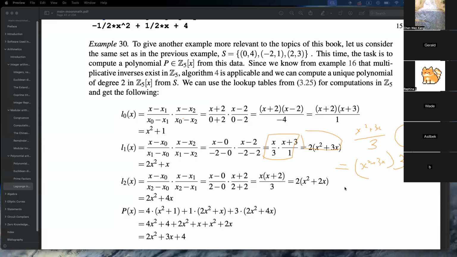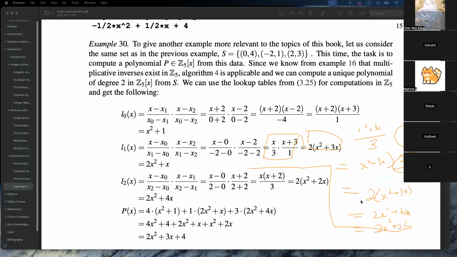The inverse of 3 in modular 5 arithmetic is 2. So it's 2x squared plus 3x, which if you expand it out is 2x squared plus 6x, where 6x is essentially 1x in this case, plus x. It's very similar to normal arithmetic. It's just that you have to honor the mod 5, and inverses are treated this way.